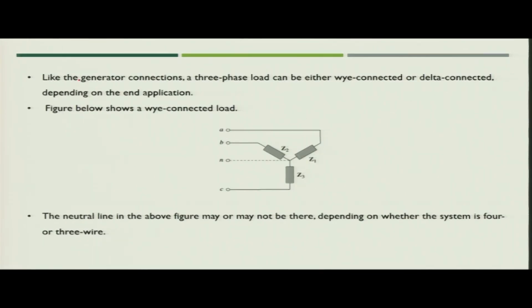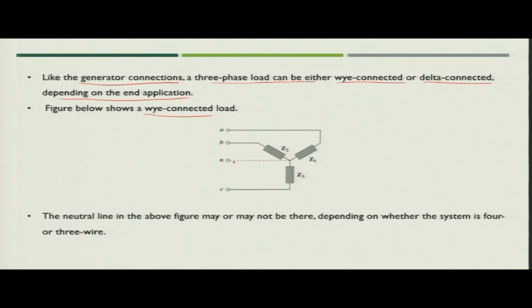Now, like the generator connection we discussed previously, a 3-phase load can be either Y connected, or star connected, or delta connected, depending on the end application of that particular load. In the case of Y connected, the load components are connected in a star combination with neutral.